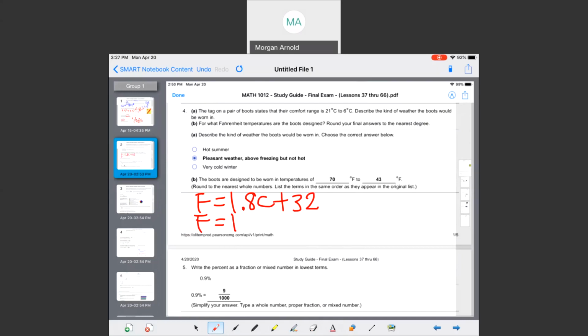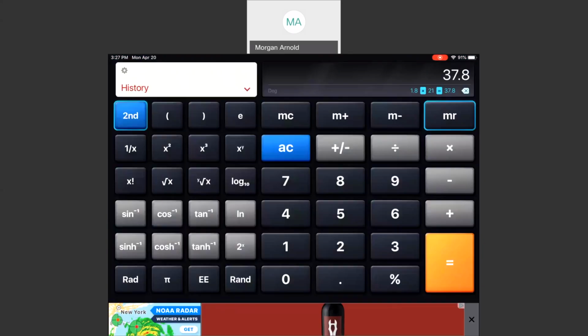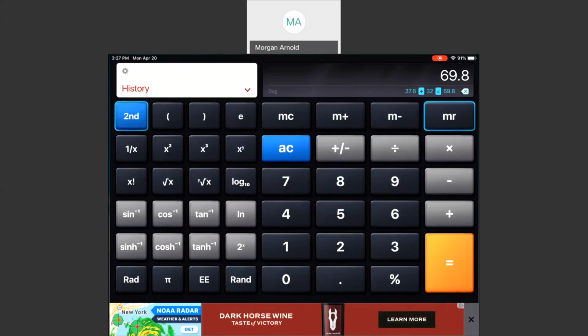So let's first convert 21 degrees Celsius to Fahrenheit. Multiply 1.8 times 21 first, and then add 32 degrees. So to the tenths place, that will be about 70 degrees Fahrenheit.